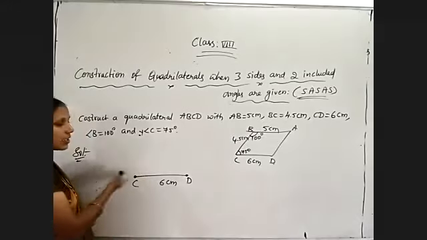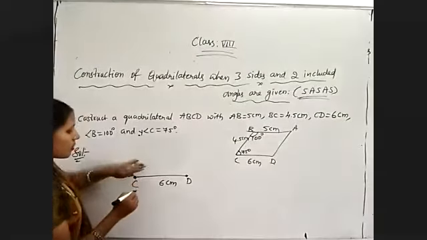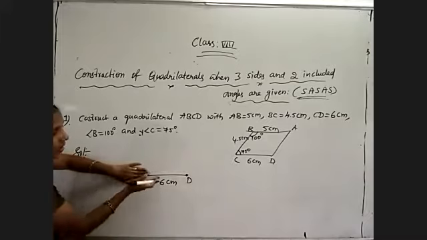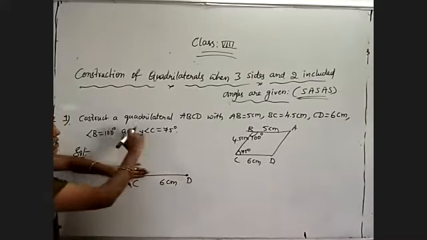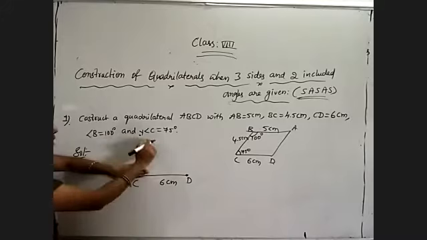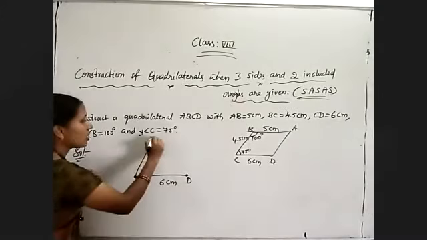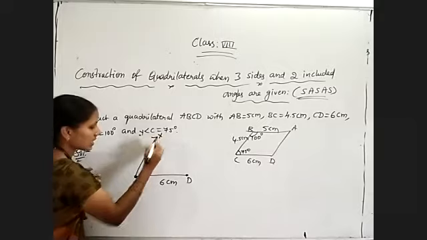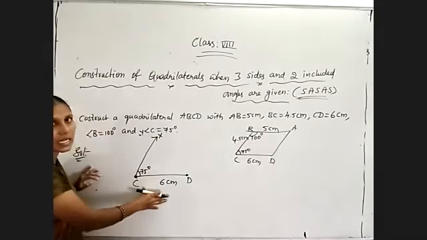So compulsorily we need to go to the C side only. Angle C will be equal to 75 degrees. So place your protractor here. Now it is producing at the right side, so we must consider the down values. So take the inner scale and mark 75 degrees. Now construct ray CX, making an angle of 75 degrees with the line segment CD.